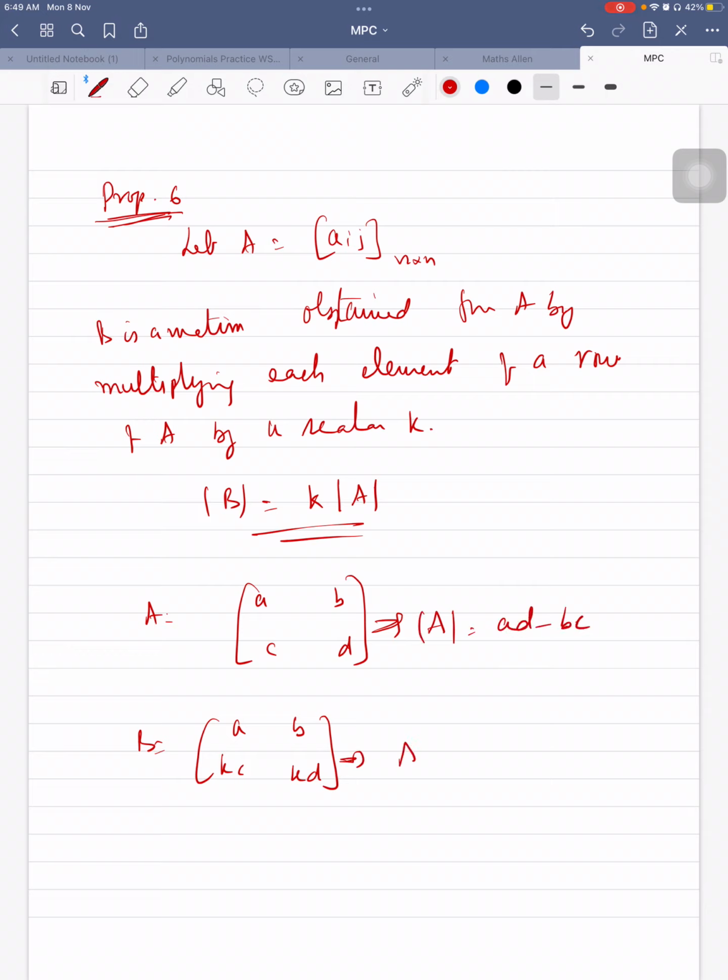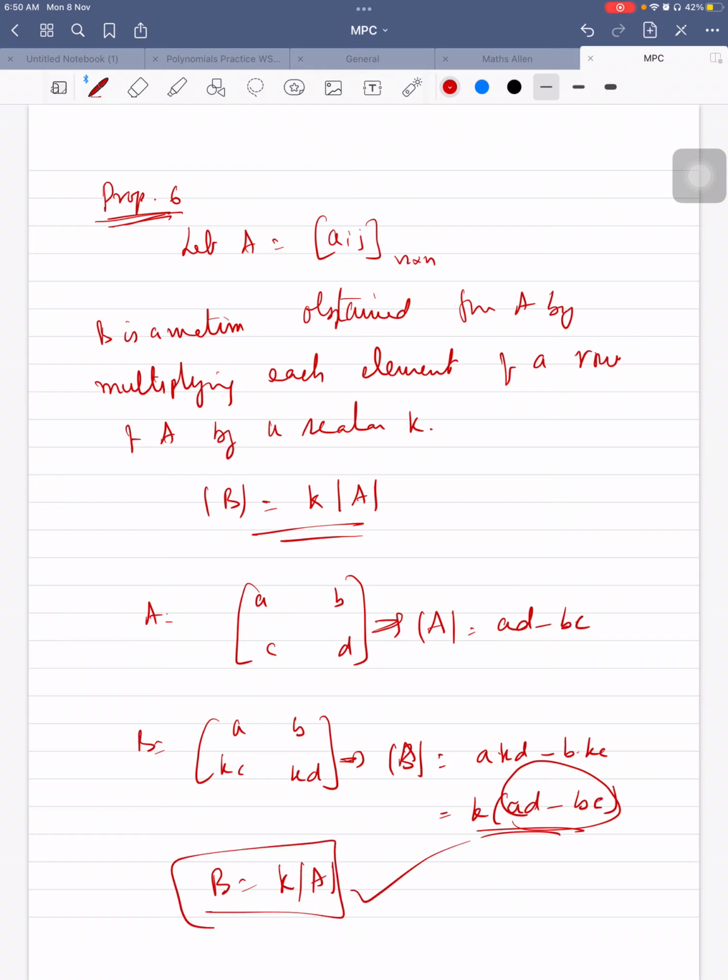Now what about determinant of B? A into KD minus B into KC. So you can take the common k, AD minus BC. This is the determinant of A. See the beauty of the properties of the determinant.